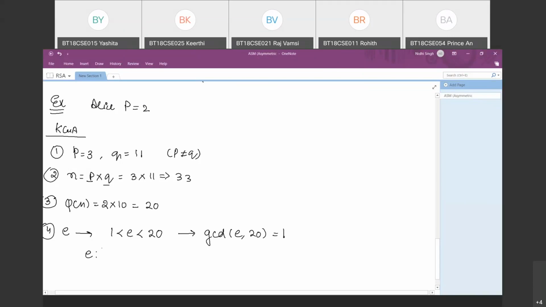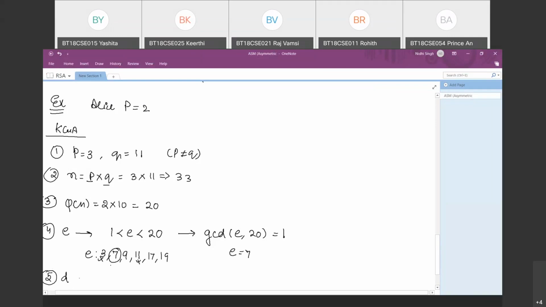So E can be 3, it can be 7, it can be 9, it can be 11, it can be 17 and it can be 19. Because we are already taking 3 and 11 as prime numbers, I will not take 3 and 11. Okay, so I am taking 7 as a value. You can take any number, but I am taking E equal to 7.